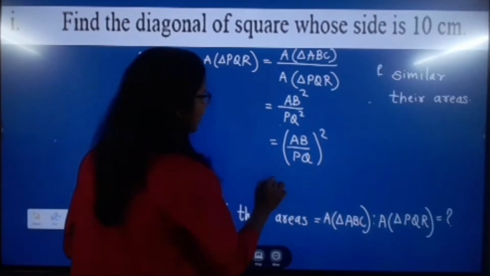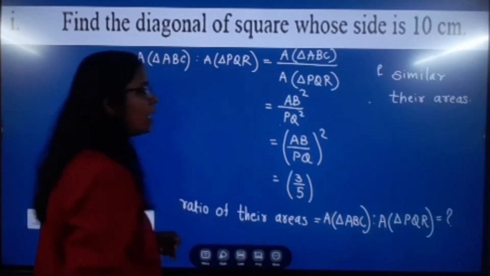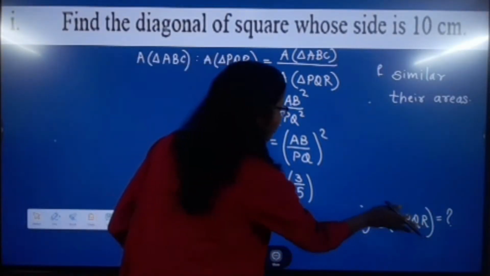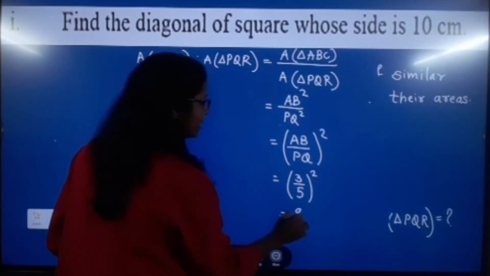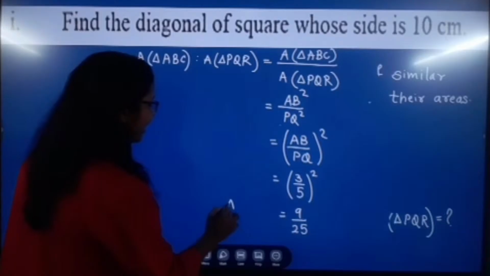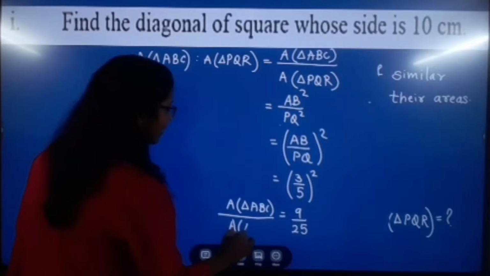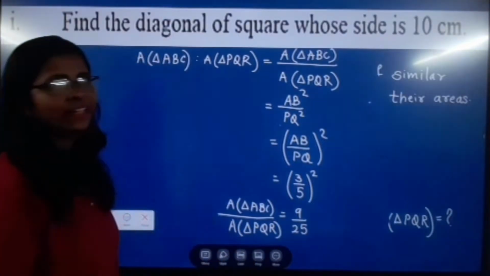AB upon PQ is 3 is to 5, so we write 3 upon 5, and the square of 3 upon 5 is 9 upon 25. So the area of triangle ABC upon area of triangle PQR is equal to 9 upon 25.